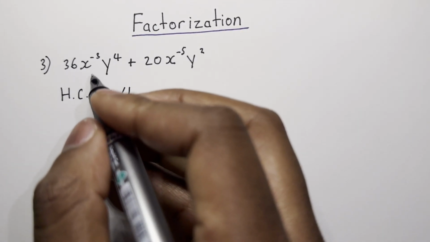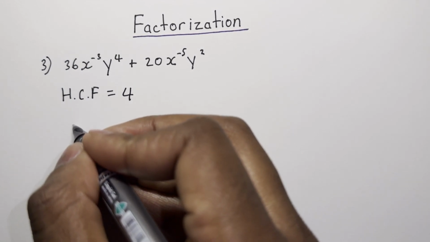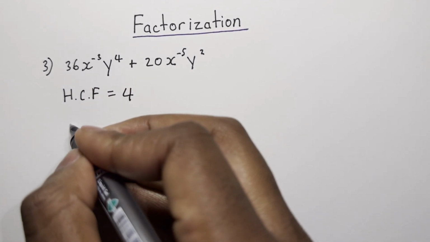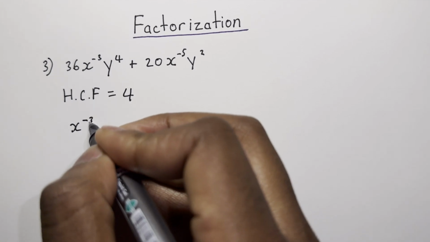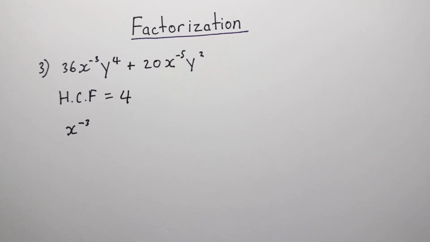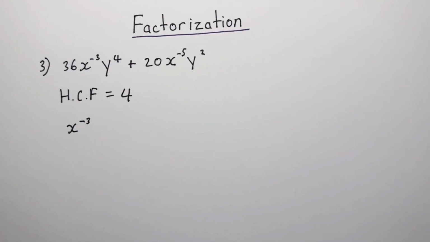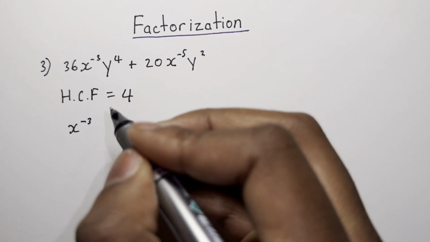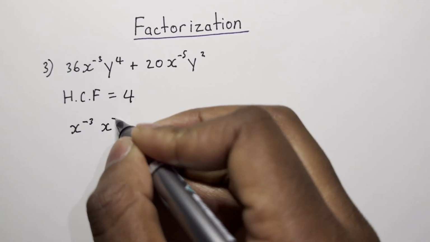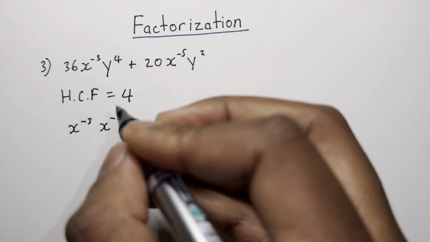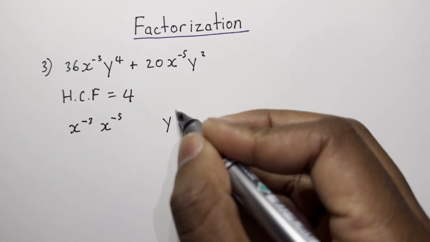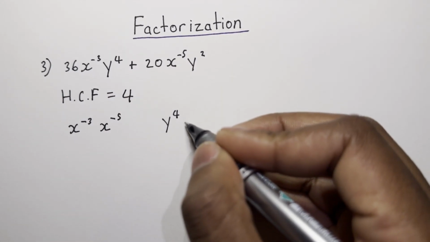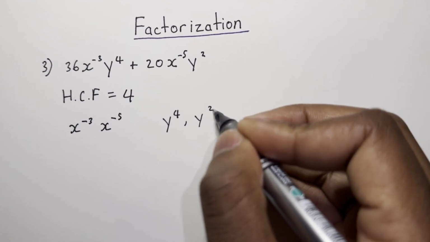So now we need to write down the variables. In this part we have x raised to the negative 3, and on this side we have x raised to the negative 5. And we have y to the 4th power and y squared.